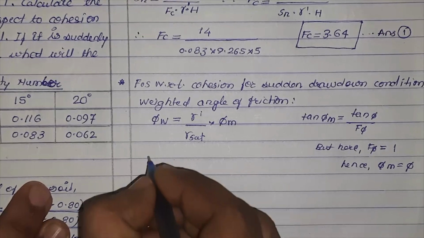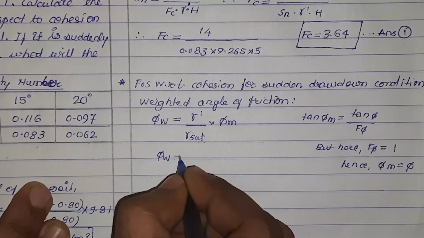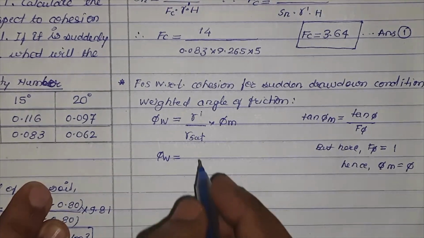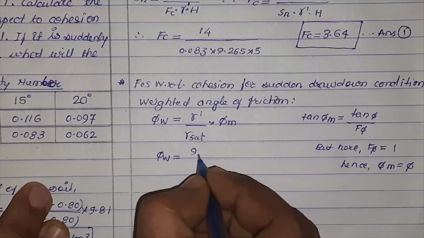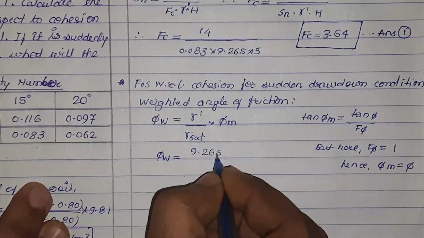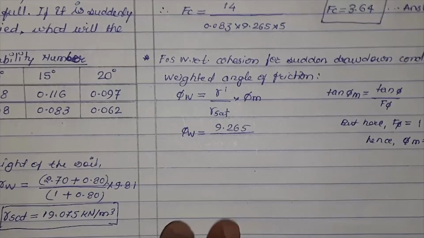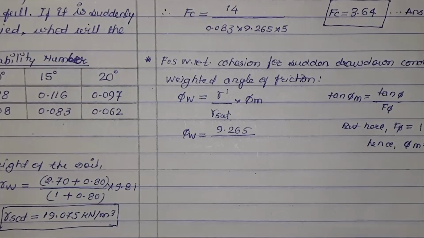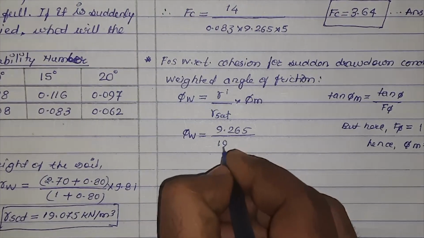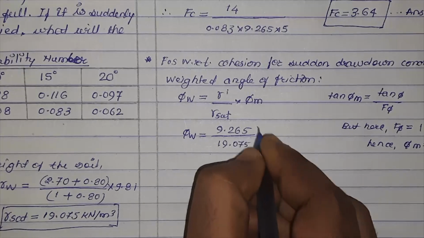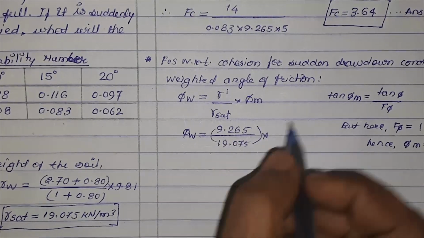Phi w equals gamma submerged, 9.265, divided by gamma saturated, which is 19.075, multiplied by phi m.